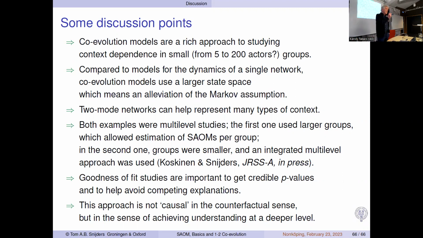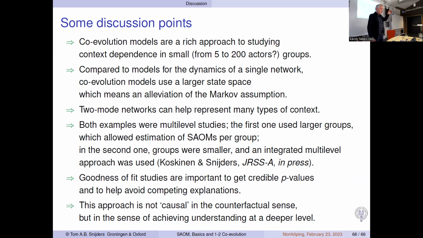I want to say something about the Markov assumption, because the Markov assumption is a very strong assumption that the past doesn't have an effect, but only the present state has an effect. However, enlarging the state space helps, and with co-evolution models, you enlarge the state space.